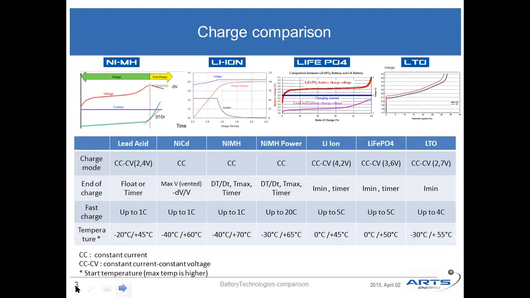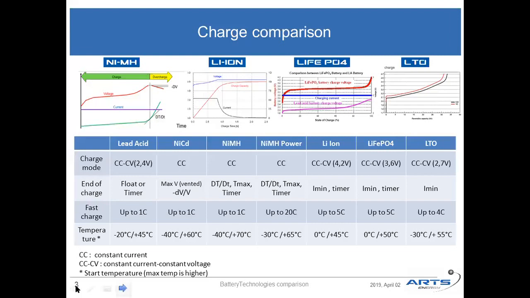In that case, the charge is done in 2 or 3 steps, but the first step is constant current, up to a threshold, a voltage threshold defined depending on the technology. And then there is a constant voltage phase where the current will decrease during the charge.